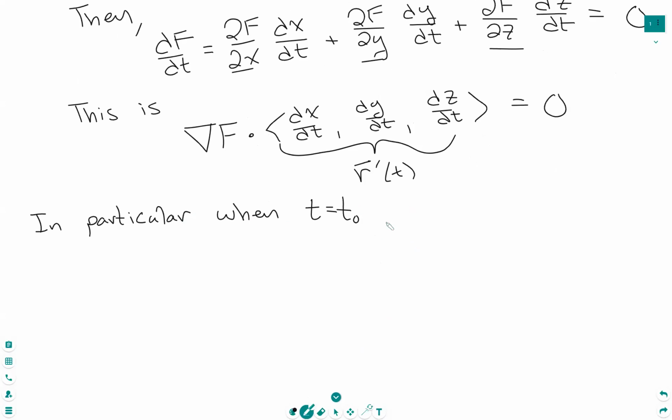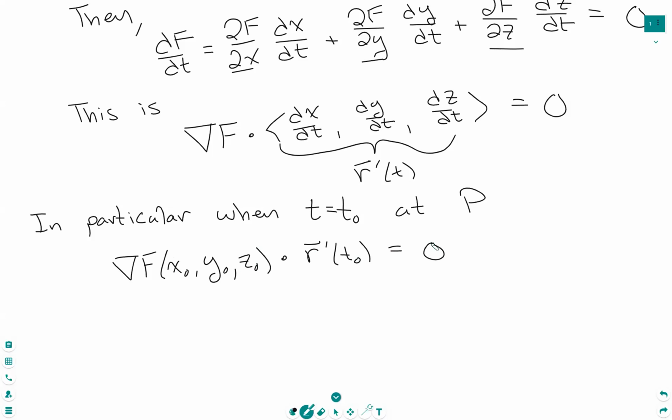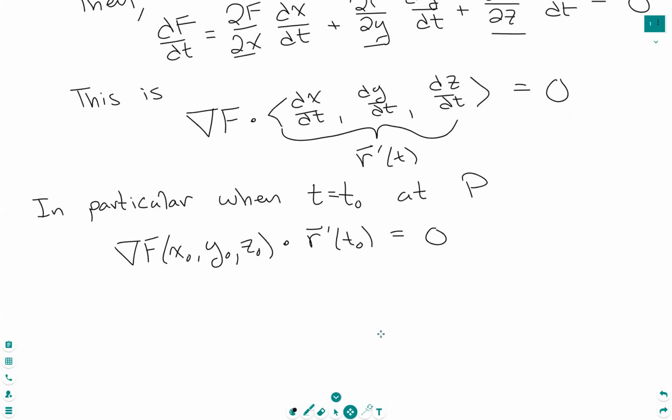Now remember at t naught, we're pointing to the point P. At this point P, the gradient of f at x naught, y naught, z naught, dotted with r prime at t naught is equal to 0, right? It's always going to be equal to 0, but specifically we can look at this point.